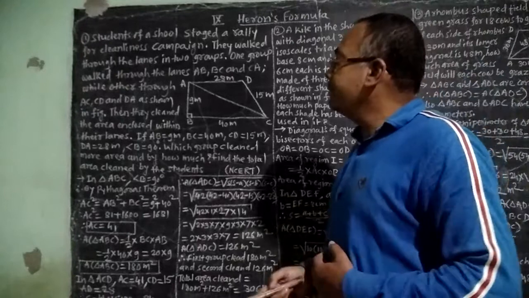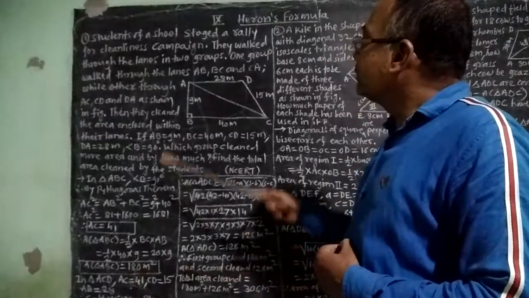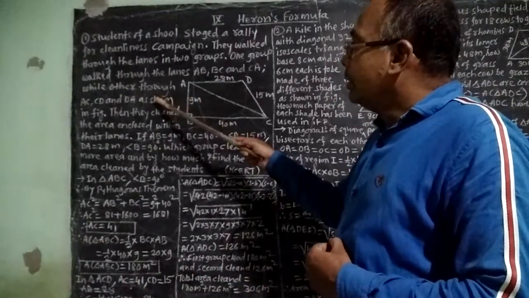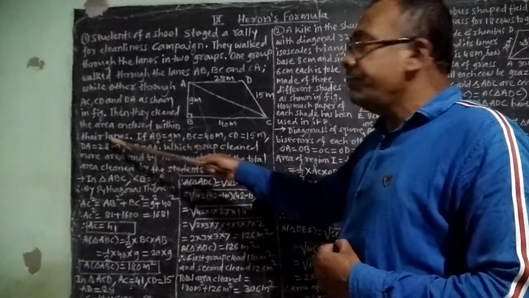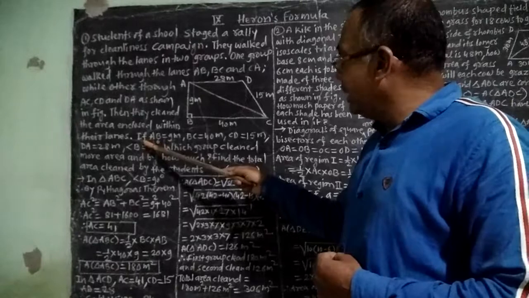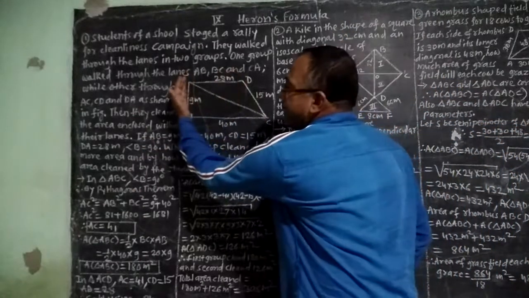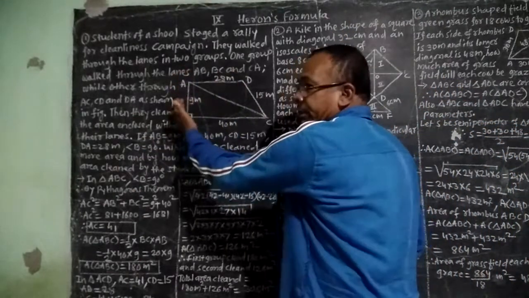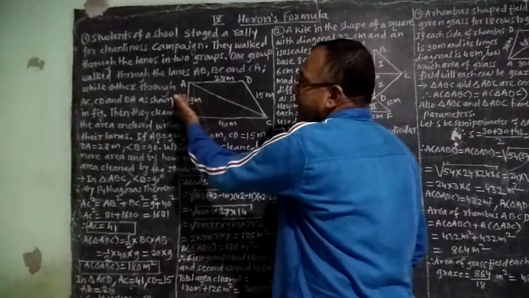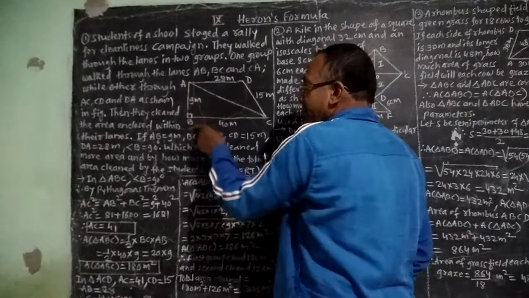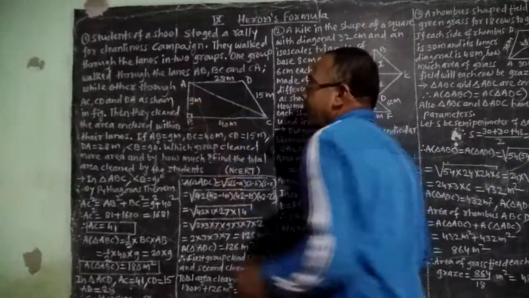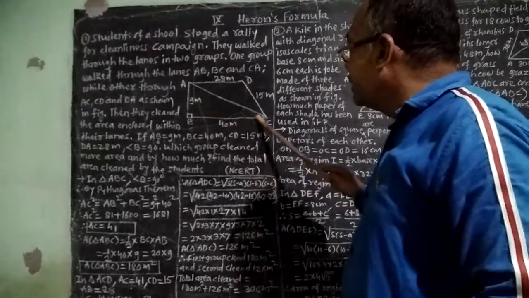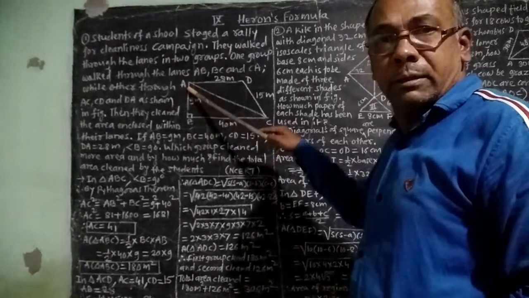Here it is given that they clean the area enclosed within their lanes. Here the students along AB, along BC and along AC, they clean the area, and the area is nothing but the area of the triangle ABC.